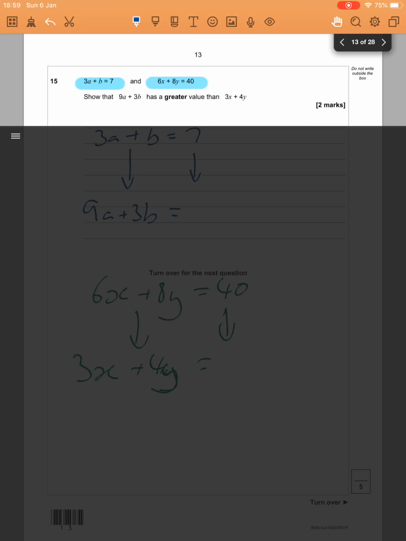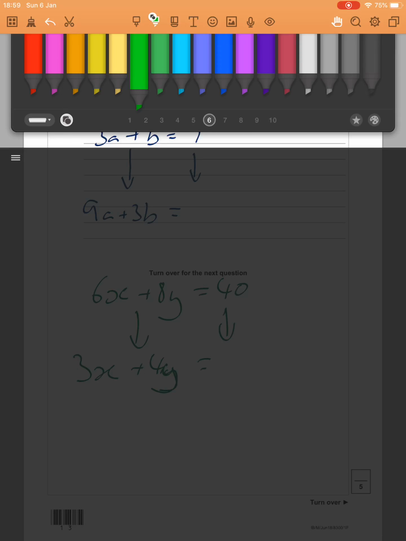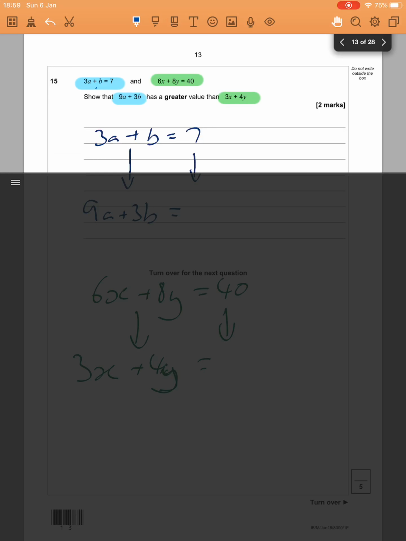Now what I've done here is linked together the 3a plus b equals 7. In fact, what we'll do is highlight the similar things. So 3a plus b equals 7 is linked to this, and 6x plus 8y is 40 is linked to this. So how is that?